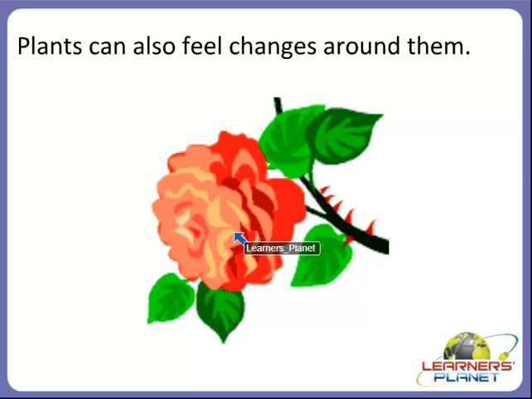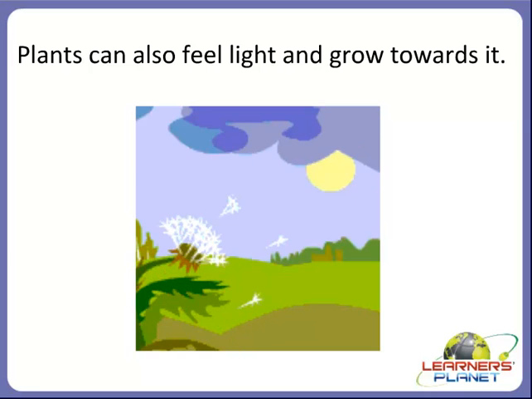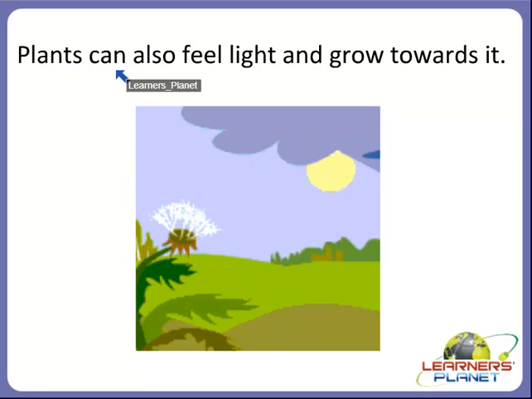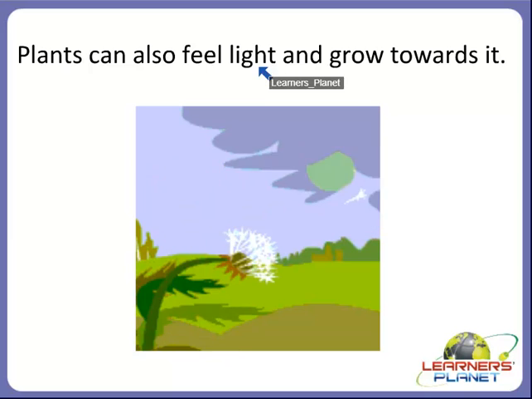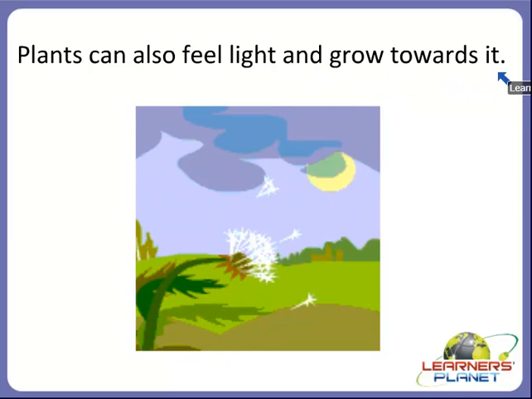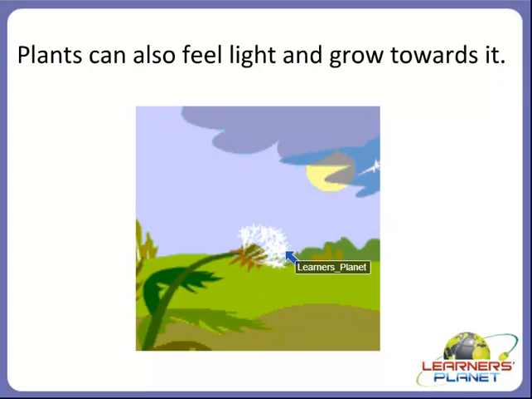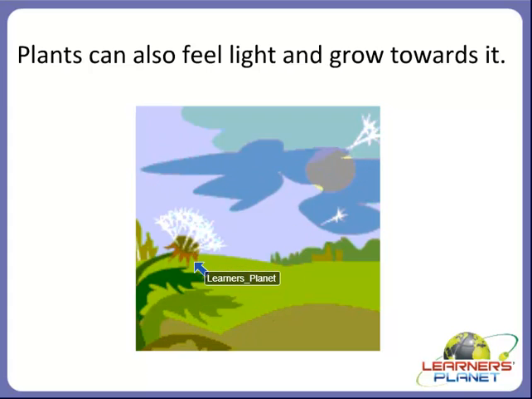So children, plants can also feel changes around them. For example, plants can feel light and grow towards it. You can see in the picture that the plant is moving.